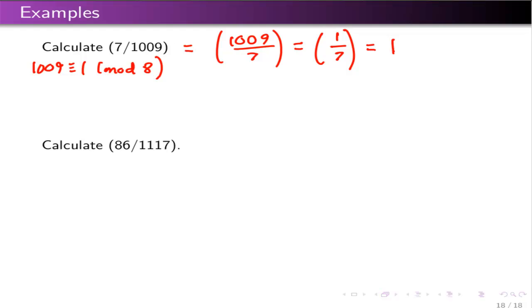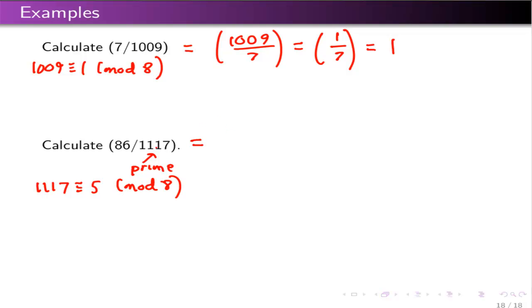Or calculate 86 over 1117. So this is a prime. I'll give you that. Likewise, 1117 is a prime. And it's congruent to 5 mod 8. So it's congruent to 1 mod 4. And so again, we can flip it.